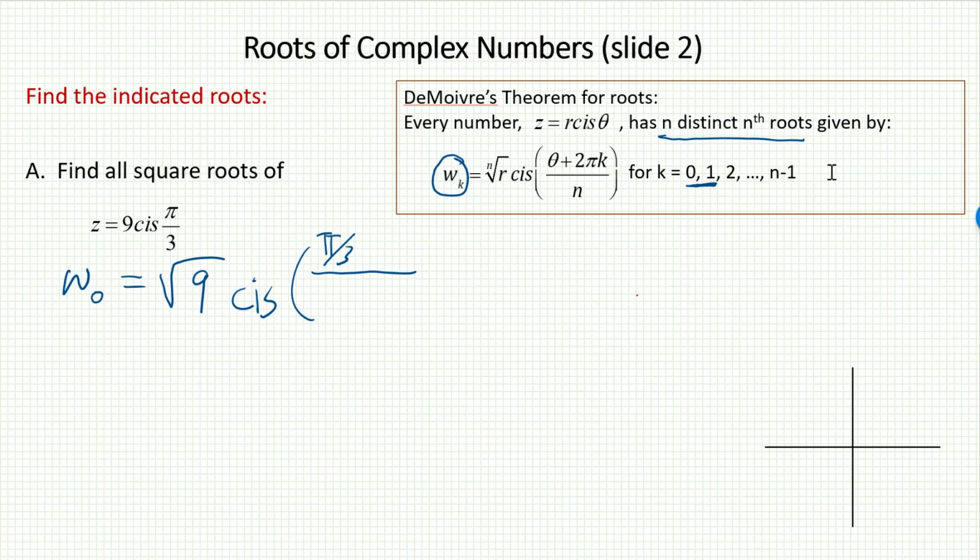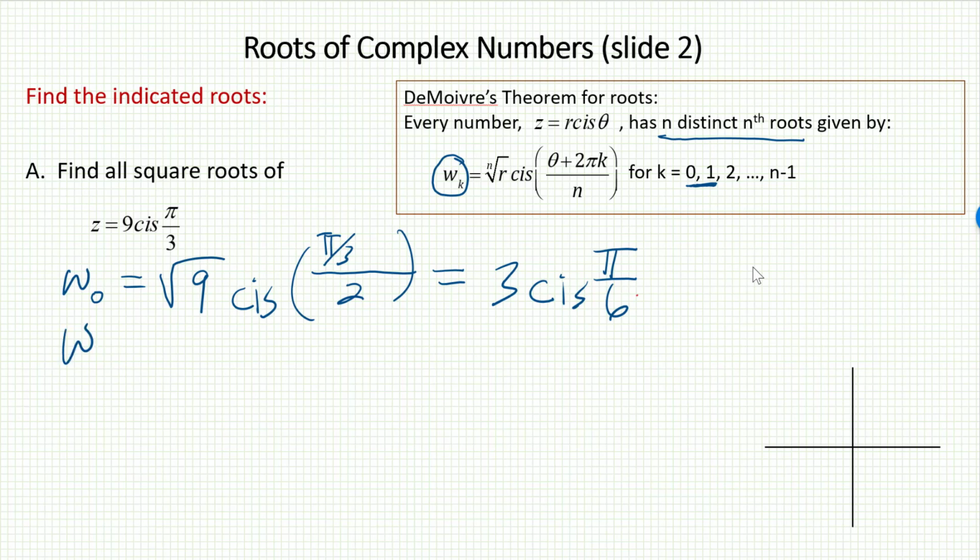I'm not adding anything to it because my k value right now is 0, and I'm dividing by my n, which is 2. Let's simplify. Square root of 9 is 3. Pi over 3 divided by 2. Dividing by 2 is like timesing by 1/2. So pi over 3 times 1/2 would be pi over 6. There is one of the square roots of the original number.